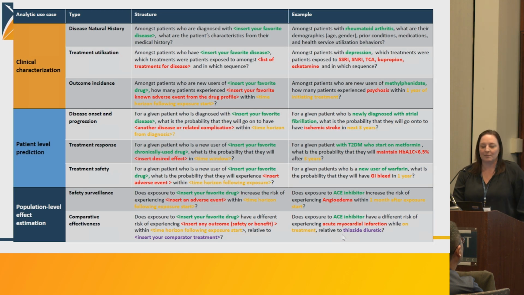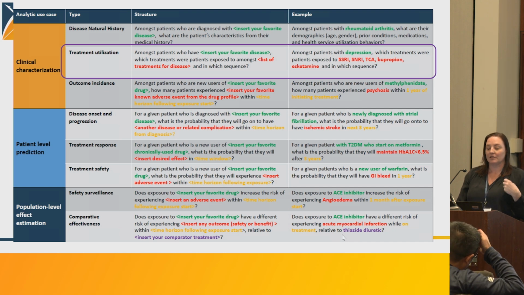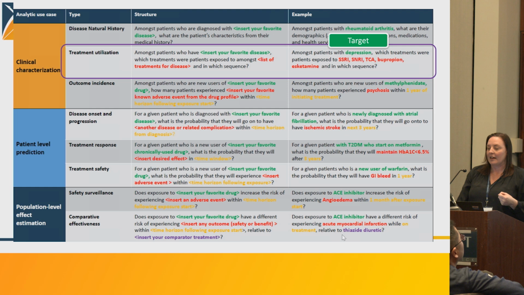So some of the different types of questions: clinical characterisation. You might want to know, amongst patients who have a particular disease, which treatments are they exposed to? Here I've got some colours, and I'll use those colours throughout. In these clinical characterisation questions, we want to understand a target population.